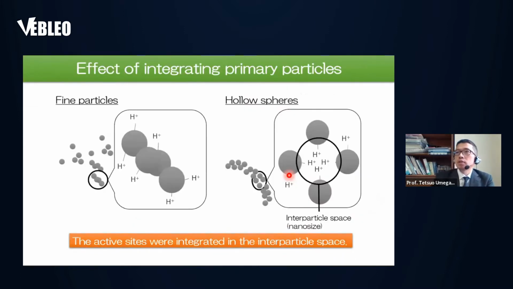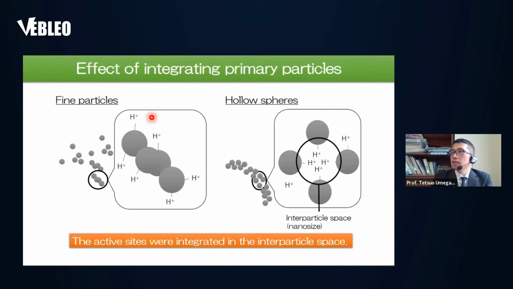We have considered that the origin of the unexpectedly high acidity and activity was the integrated active sites in the hollow sphere shells. Conventional fine particles include primary particles that are randomly dispersed, and most of the protonic sites were well dispersed.